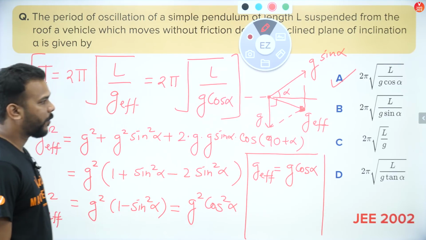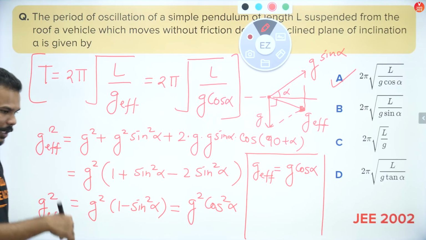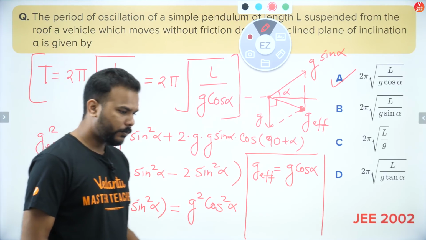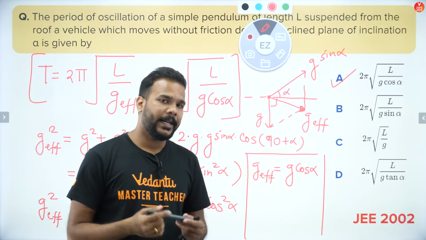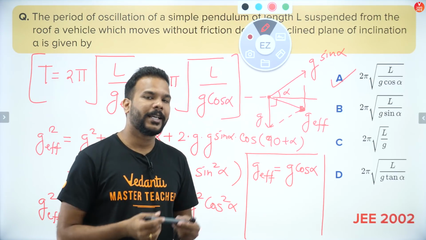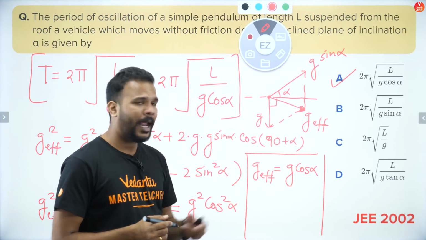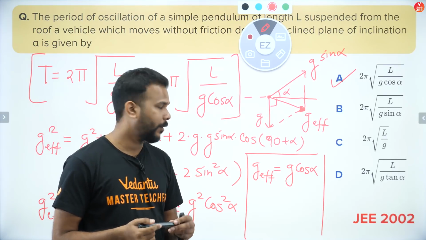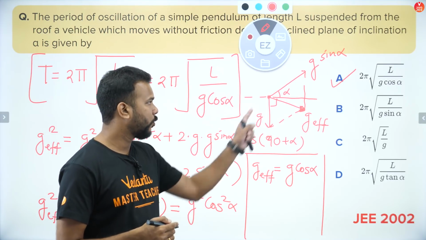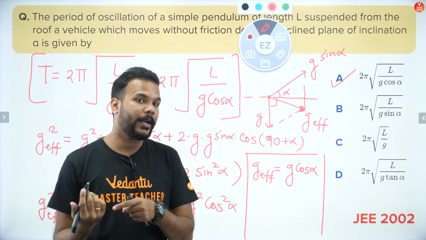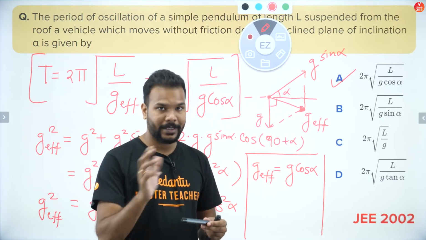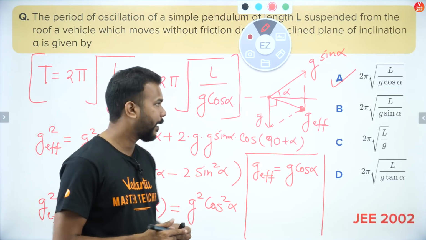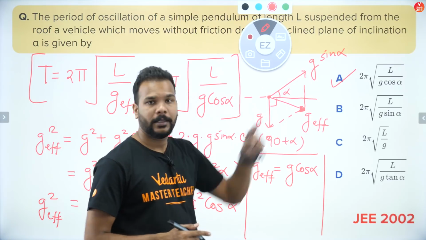So what happened here in the question? Because of the acceleration of the system, the body which is oscillating, which is pendulum, also start experiencing a pseudo force, and with that pseudo force, what happens here, we basically consider a pseudo force along the direction that is opposite to the direction of acceleration, because in this time the body is accelerating, so that's why the body will experience a pseudo force.